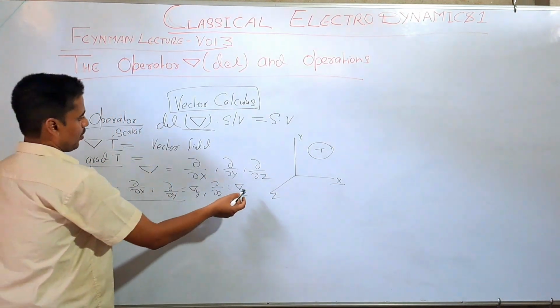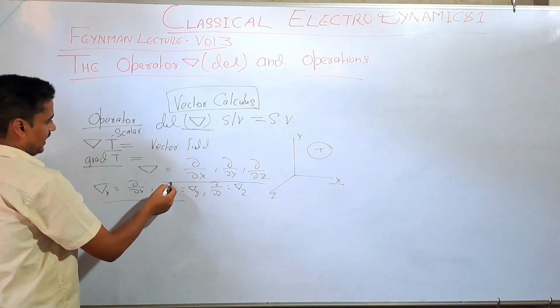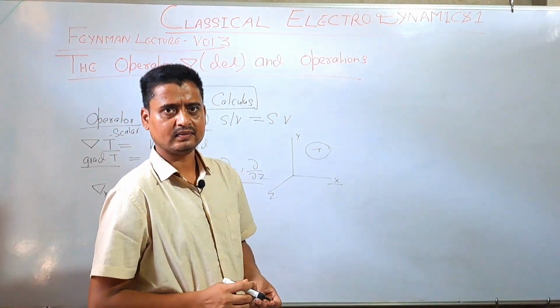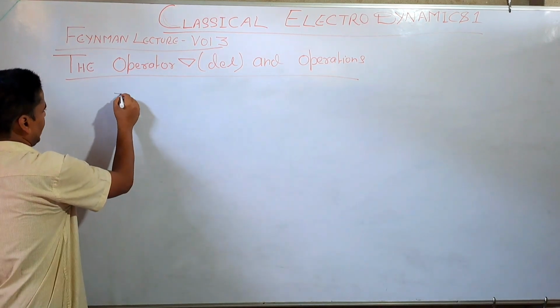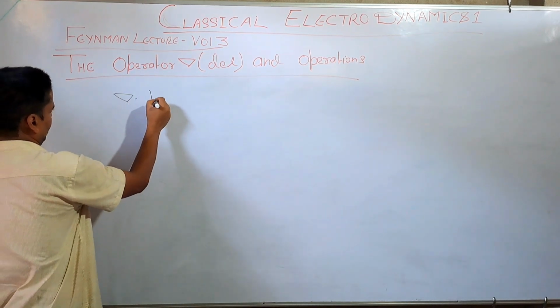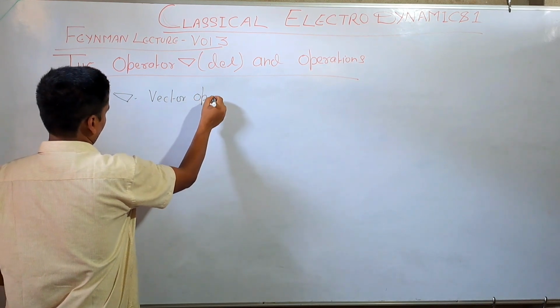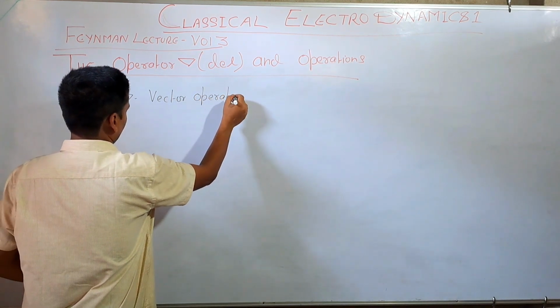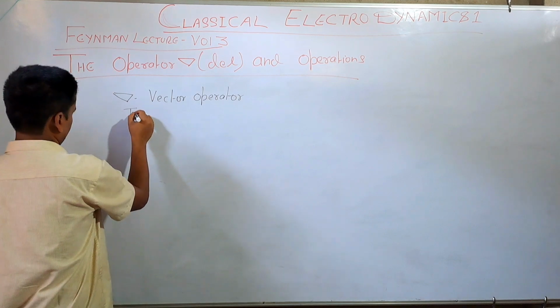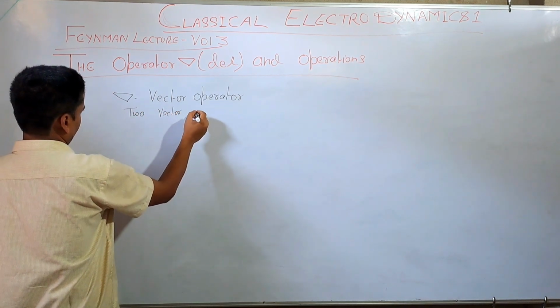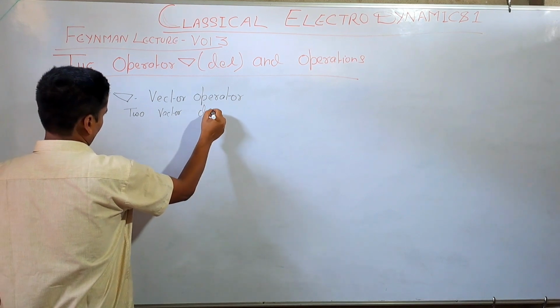And these are the three components of this del operator: del by del x, del by del y and del by del z. This del is a vector operator. And we can combine two vectors with the help of the dot product.